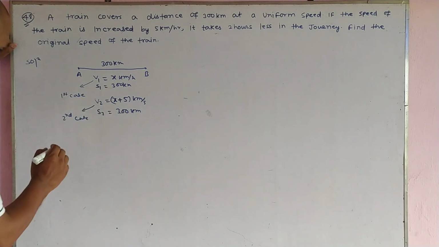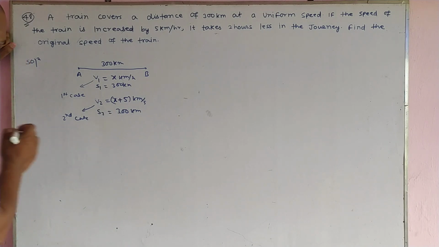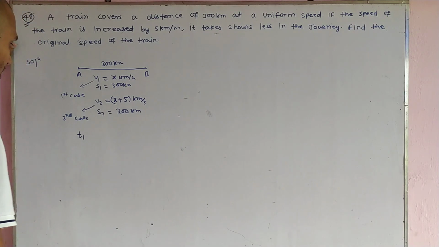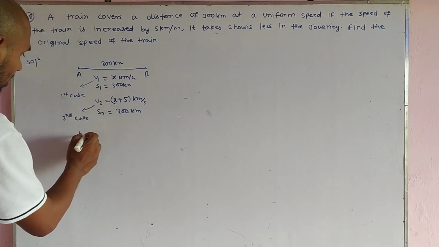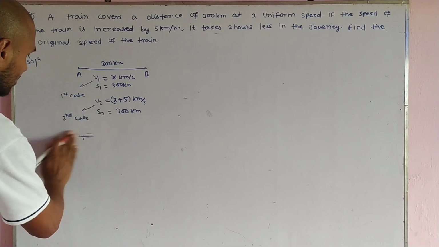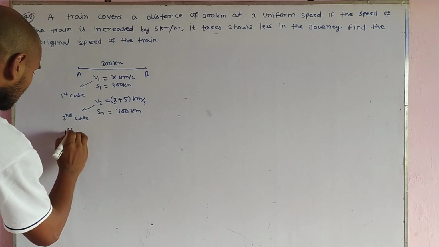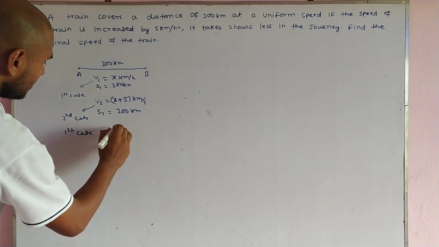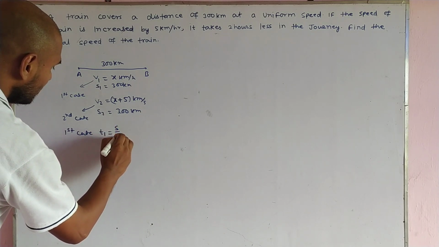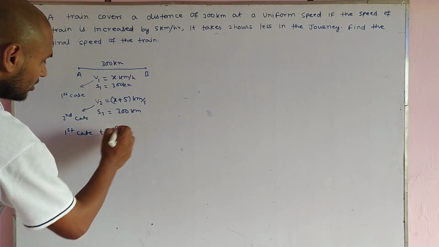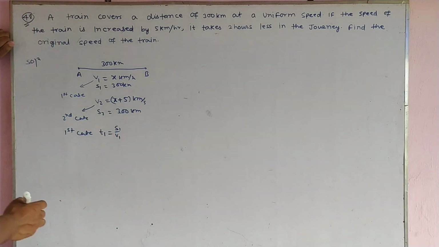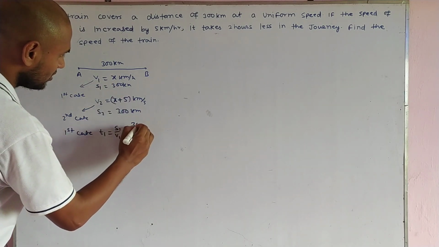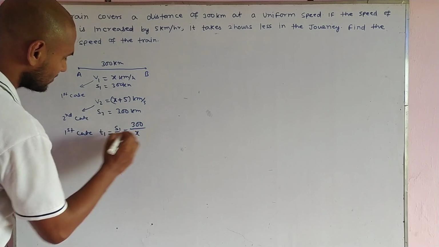According to the question, the time taken by the train in the first case is t1, where t equals s by v, that is s1 by v1, s for distance and v for speed. So s1 is 300 km by v1, that is x.